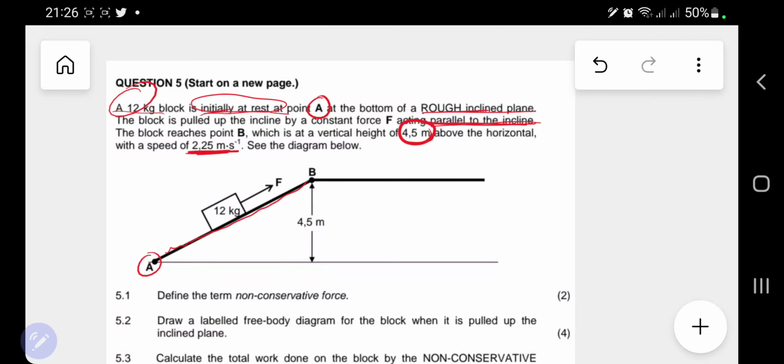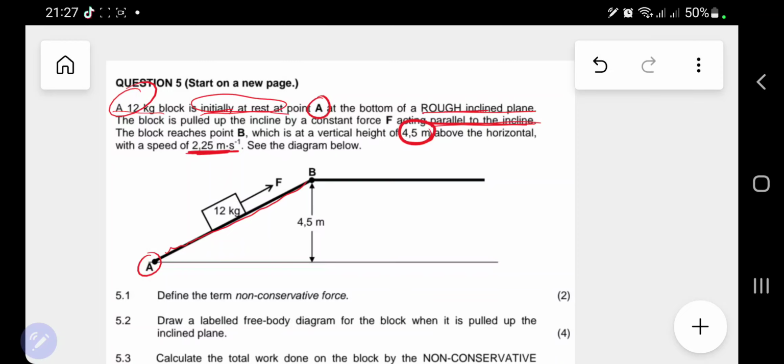So examples of non-conservative forces are basically contact type of forces like your frictional force, your applied force, your tension, your air resistance, anything like any type of a force that has to be in contact between the surface and the object for it to move the object or just to interact with the object. It depends on the dynamics.